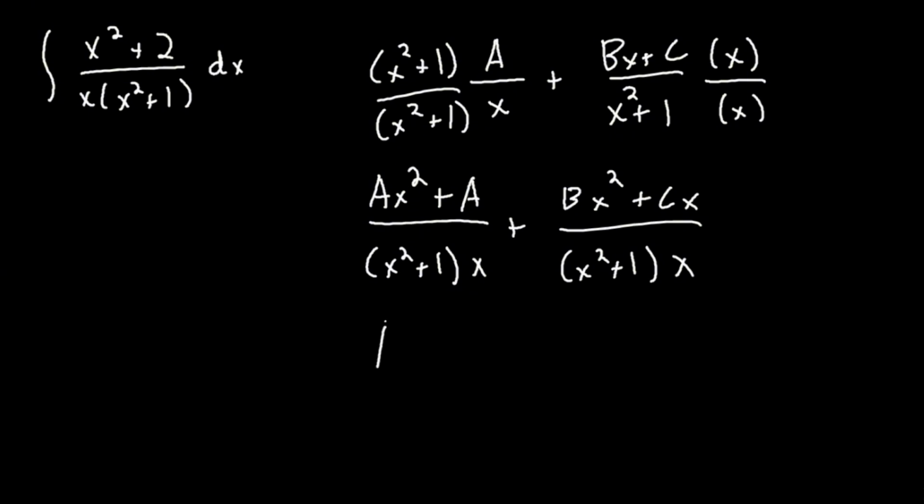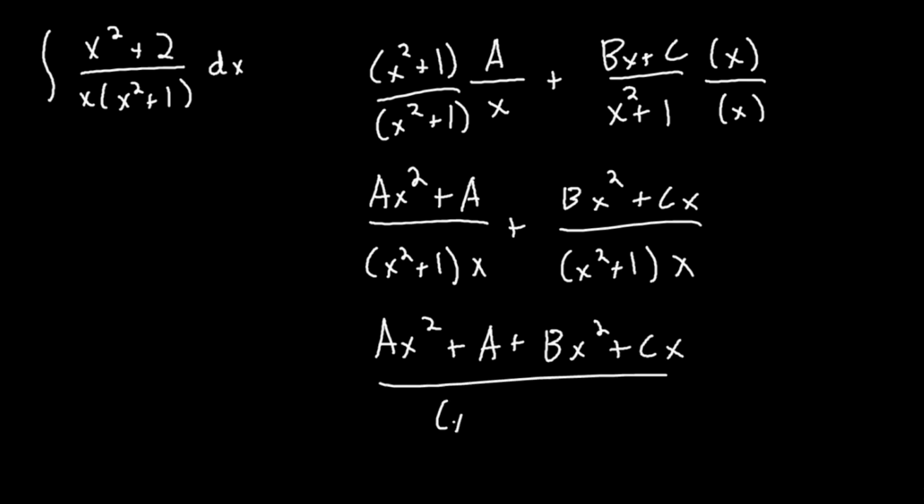So if we combine these two functions, we get ax squared plus a plus bx squared plus cx over x squared plus 1 times x. And keep in mind, the denominators are equal to each other, so we can just ignore them.